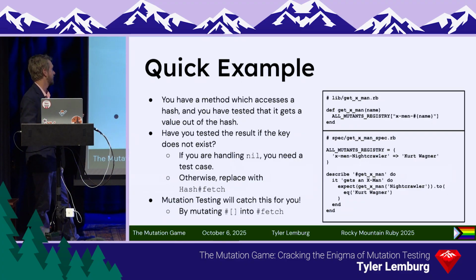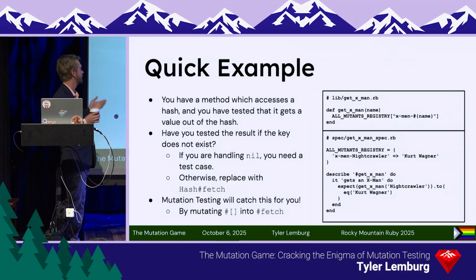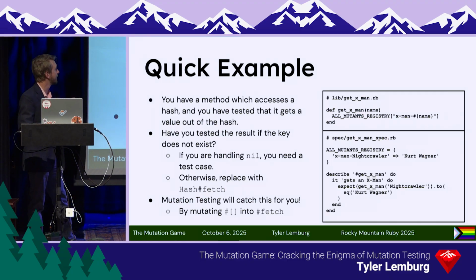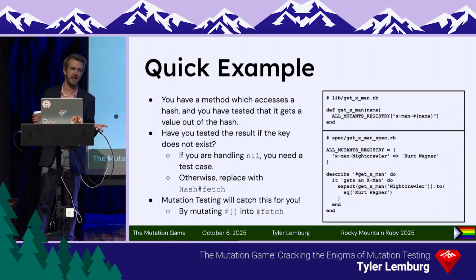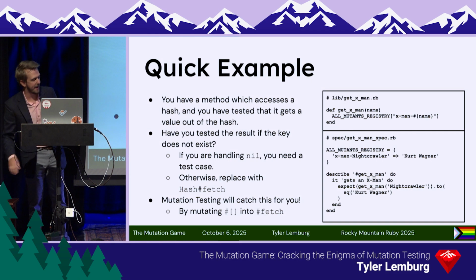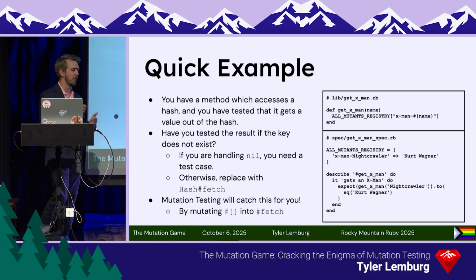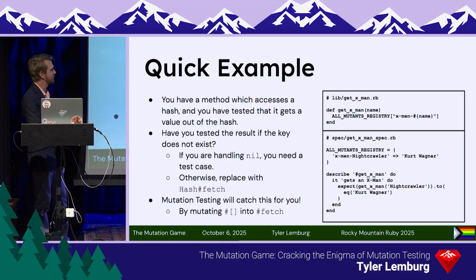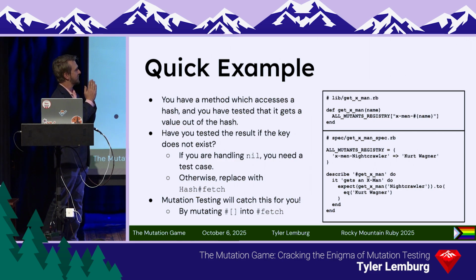If I don't want to handle nil, then I should be replacing the brackets operator with fetch. So fetch is basically more specific than the brackets operator, right? Brackets operator returns nil if you don't have the key, whereas fetch will throw an error. And so that's what mutation testing is doing. It's saying, oh, I can change that brackets operator to a .fetch, and let's see if that breaks your tests.